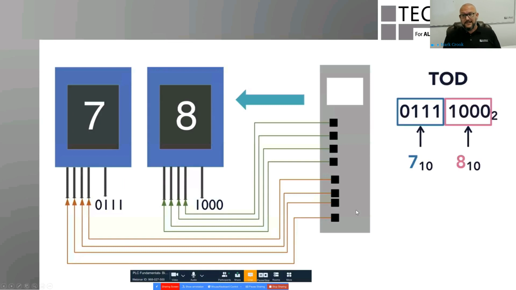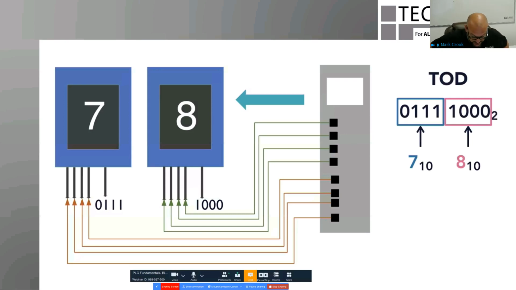So the next thing we need to do is now start to look at the TOD instruction. The TOD instruction actually stands for to BCD. So we're now converting from binary to a BCD pattern. So the PLC sends out a BCD number equivalent to the binary number, and it gets displayed as a decimal number on the LED display that we're going to use on our simulator.